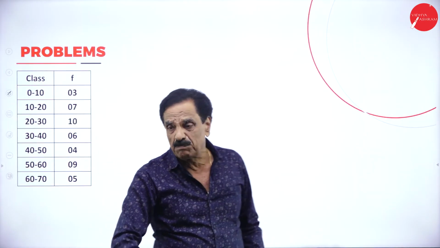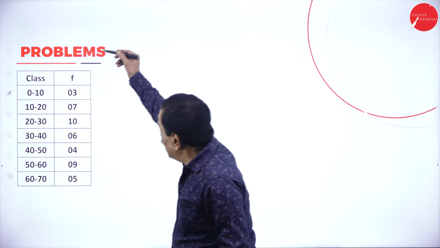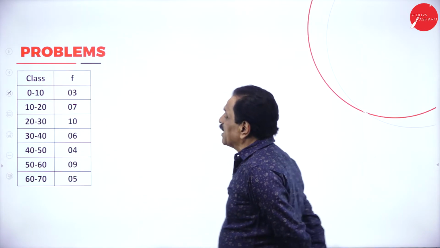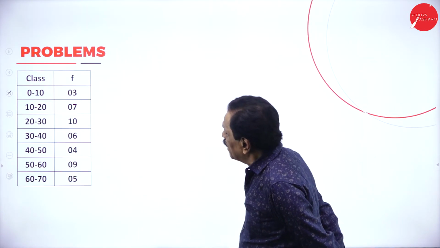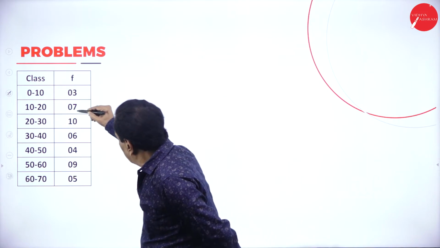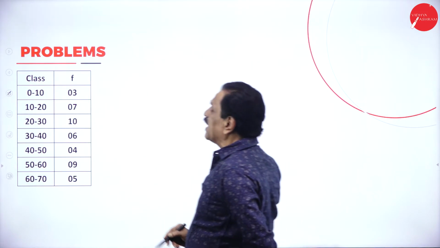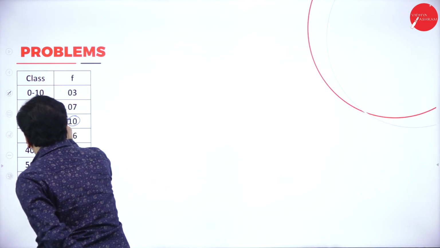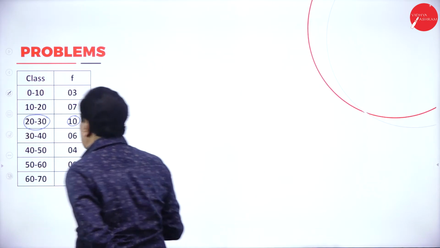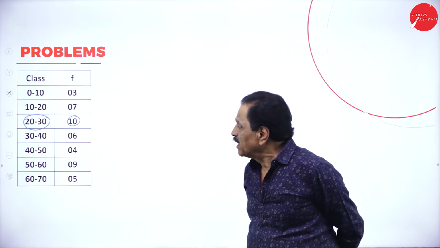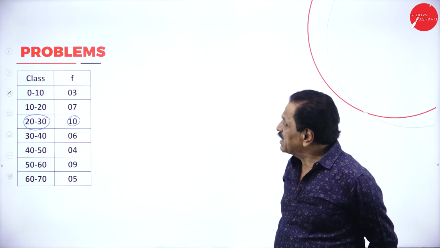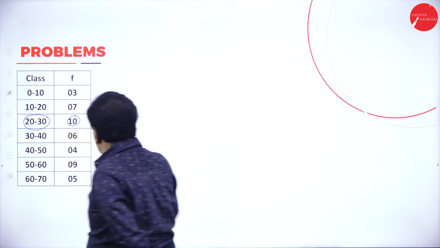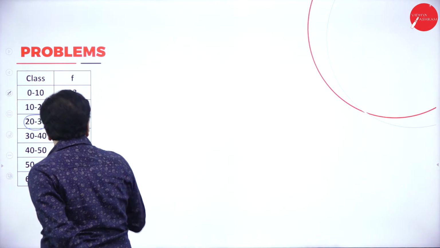If we see this problem, you have to find out which is the highest frequency. Here, 3 is there, 7, 10, 6, 4. Which is the highest frequency? 10. So your model class is 20 to 30, meaning mode should lie in 20 to 30. The highest frequency, 10, is called F1.